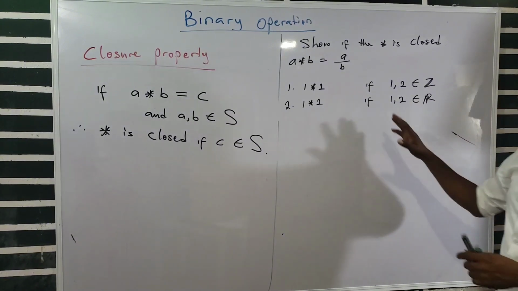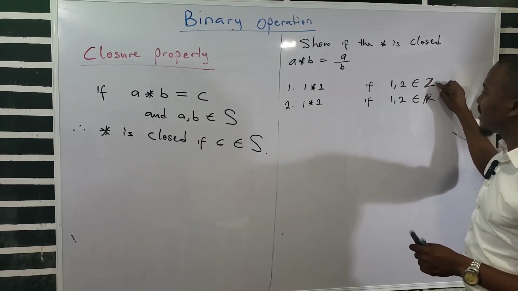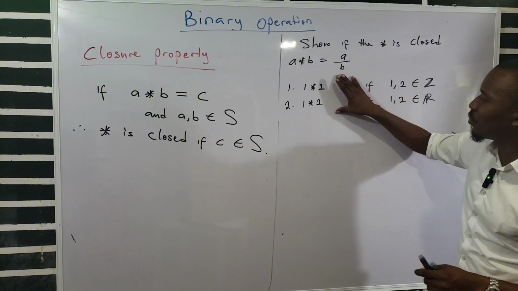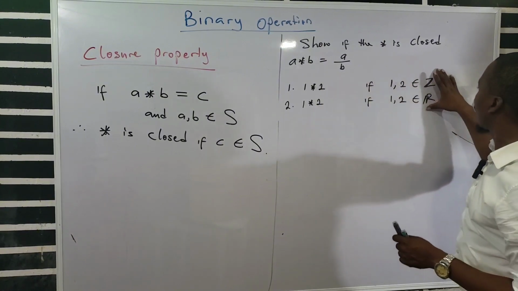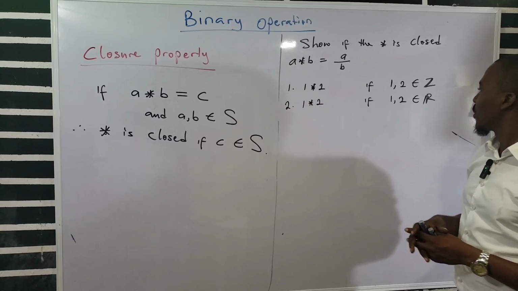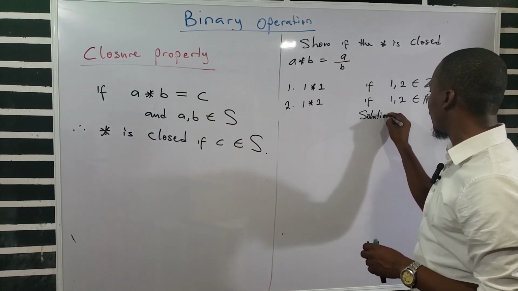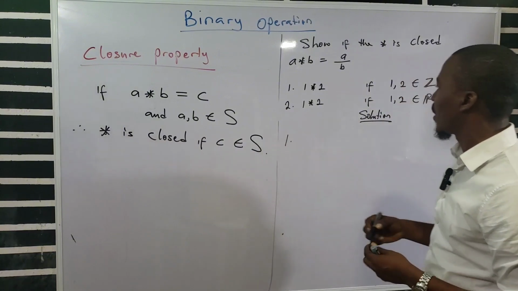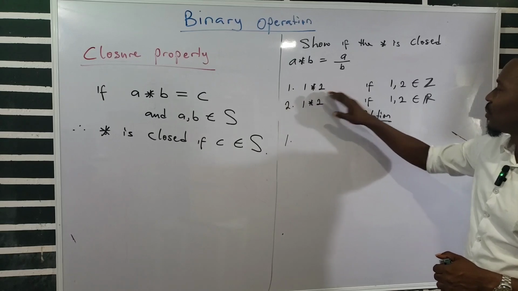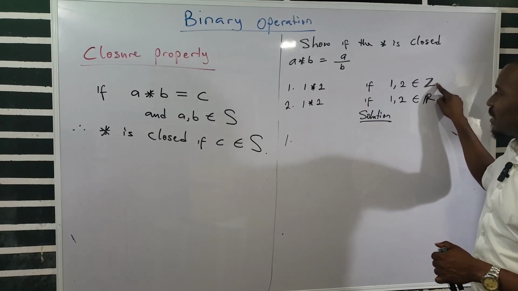So we are going to look at this. If we take 1 and 2 as elements of an integer, and we take 1 and 2 as elements of a real number, let's see whether these two sets are going to be closed under this binary operation. Solution. Let's take number 1 first. What are they saying? 1 and 2 belong to a set of integers.